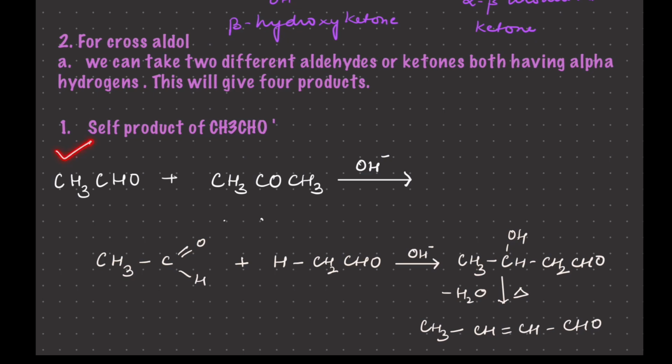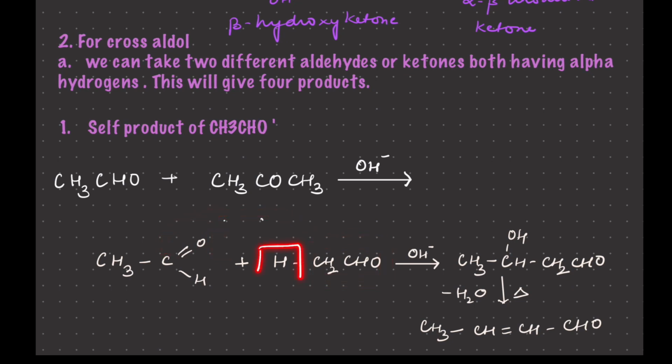The first one will be the self product of aldehyde. So here we take an aldehyde, here we have another aldehyde, it will give beta hydroxy aldehyde. Now in beta hydroxy, we just have to take this OH, and this H will get attached with the O and this left part will get attached with the C, right?